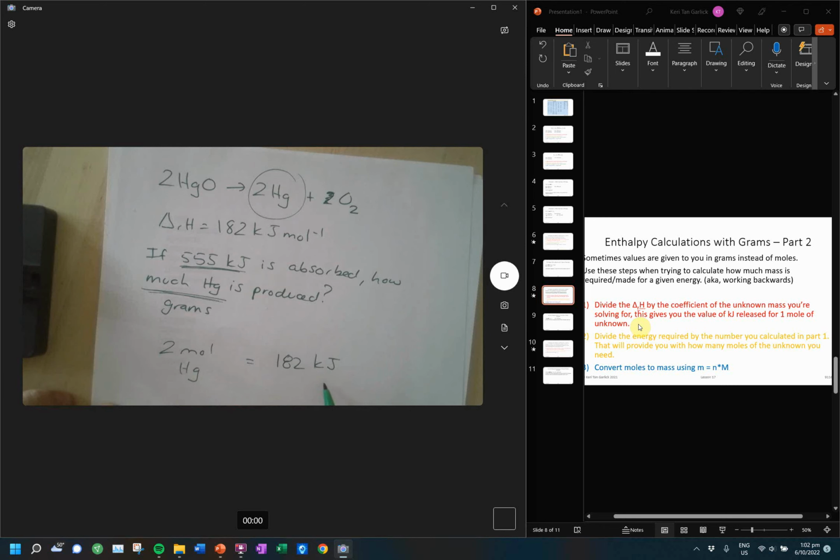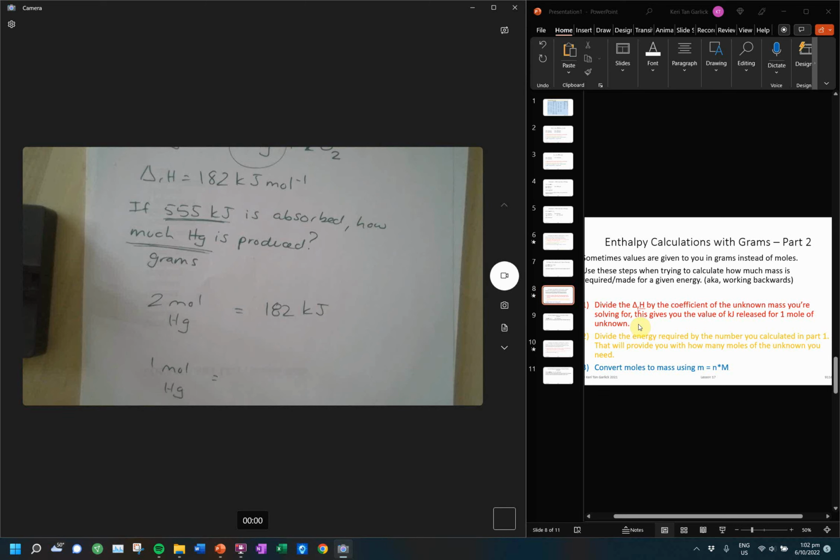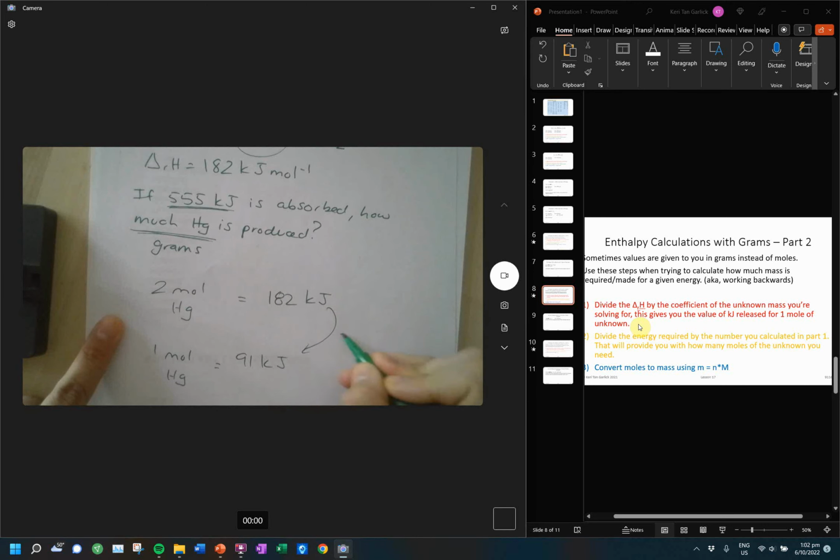So since this is 2 moles being produced, if I want to know what 1 mole is going to be produced, I just need to divide that by 2. So 1 mole of Ag or Hg divided by 2 is 91 kilojoules. So you can see here, I've basically just divided it by 2 to get that answer.